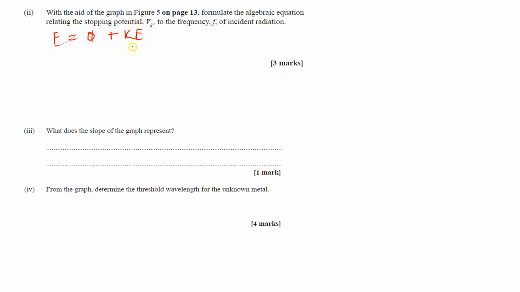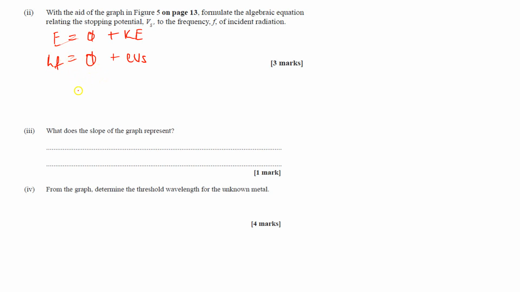As we would have pointed out, your kinetic energy is equal to eVs, plus your work function, equals to, we know E in this case is equal to hf.